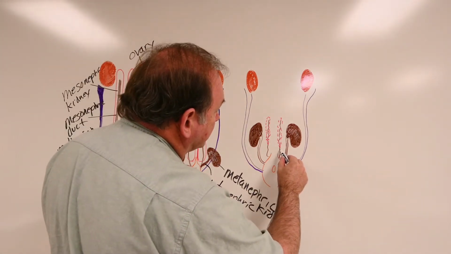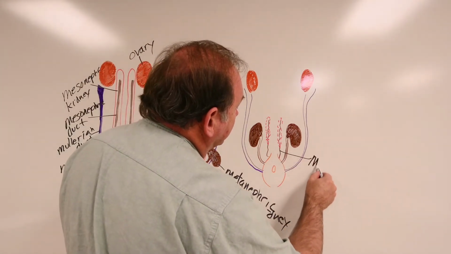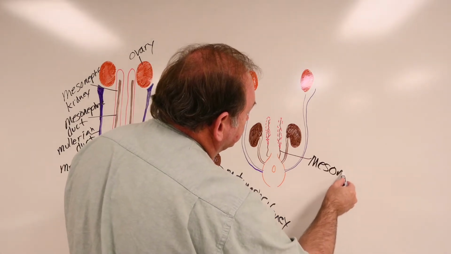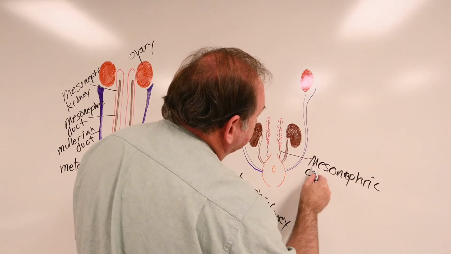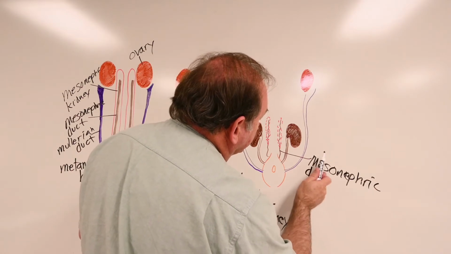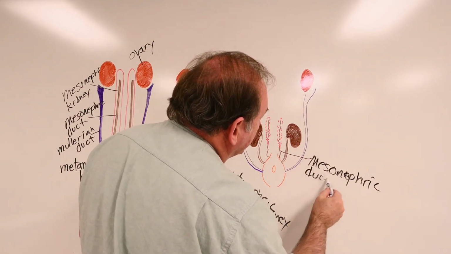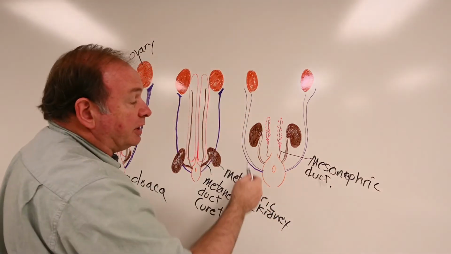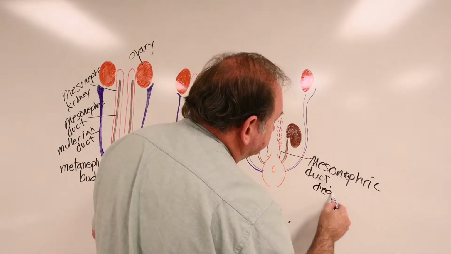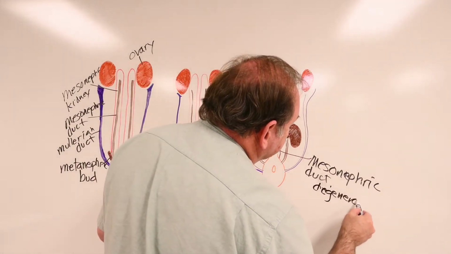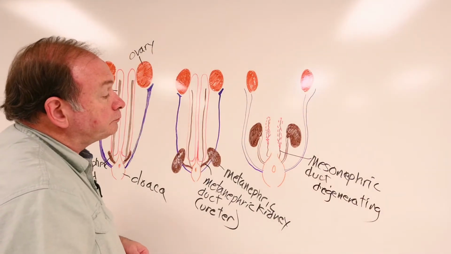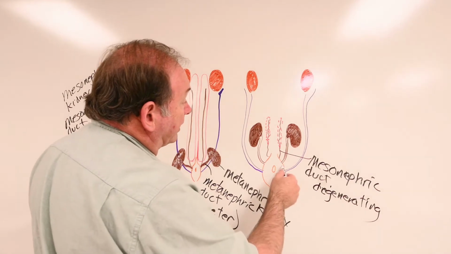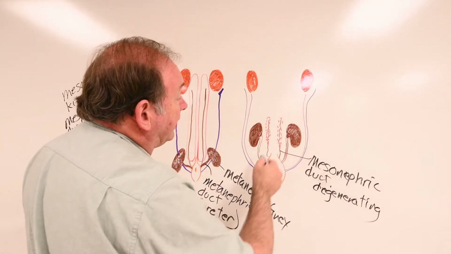So here's still our mesonephric duct, but it's degenerating. It'll soon be gone. So we have a complete ureter and kidney forming.